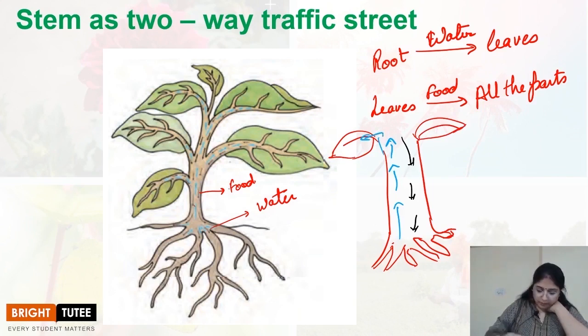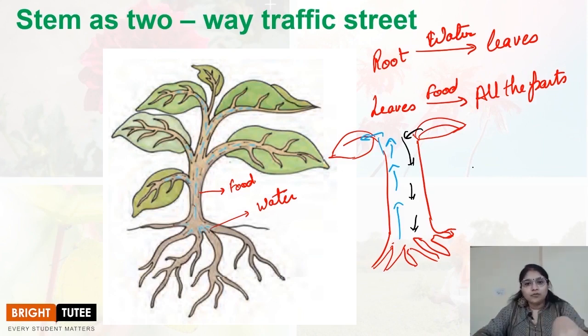The water goes up to the leaf, and from the leaf the food is going to all parts of the plant, right? So the stem acts as a two-way traffic street, where one of the traffic is going upwards and the other is going downwards. So this is water and this is food.